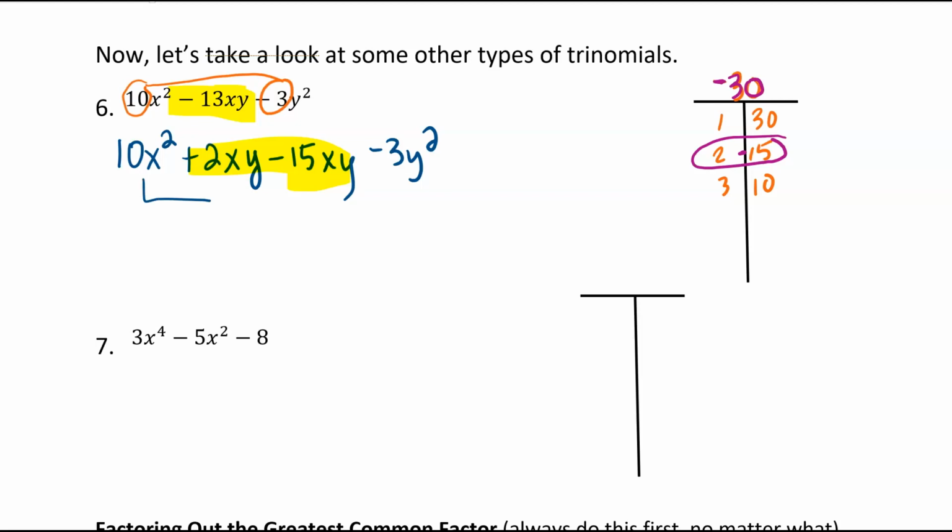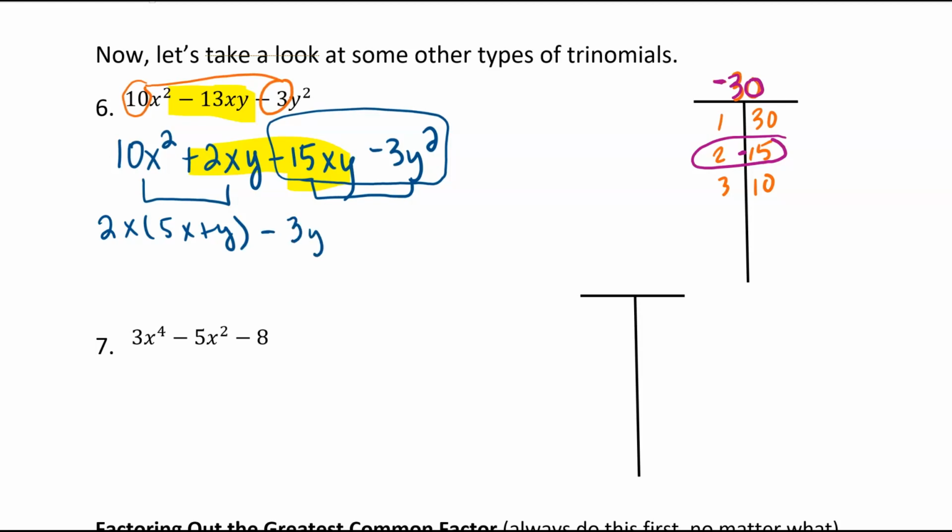So now we factor by grouping. We take out a 2x, we get 5x plus y. And what does negative 15xy and negative 3y squared have in common? Well, it looks like you take out a negative 3y and you get that 5x plus y again.